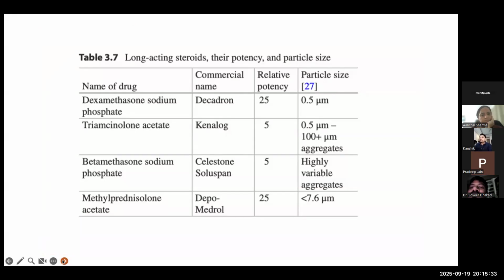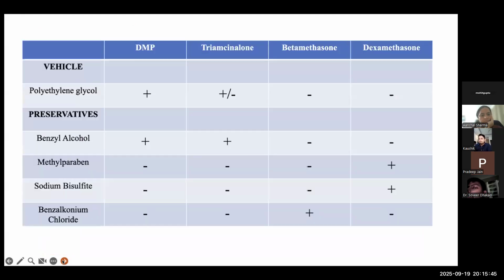Again, in the next slide, what is highlighted is betamethasone sodium phosphate, where again it's shown that the particle sizes are highly variable. So coming to the vehicles and preservatives which are used mostly: in methylprednisolone and triamcinolone, mostly benzyl alcohol is used as a preservative, and in dexamethasone it is sodium bisulfite and benzalkonium chloride, and of course polyethylene glycol as a vehicle.